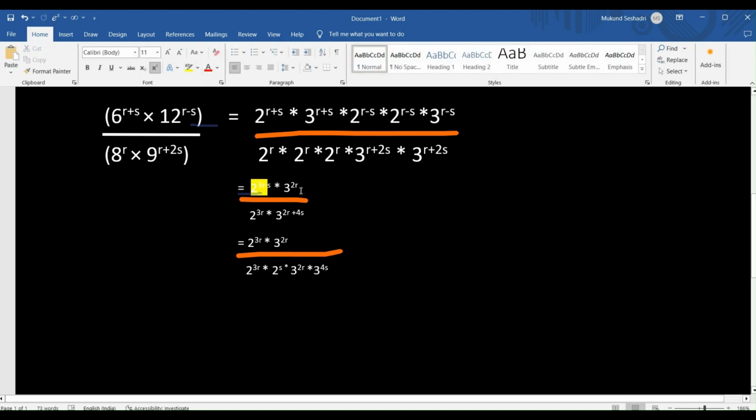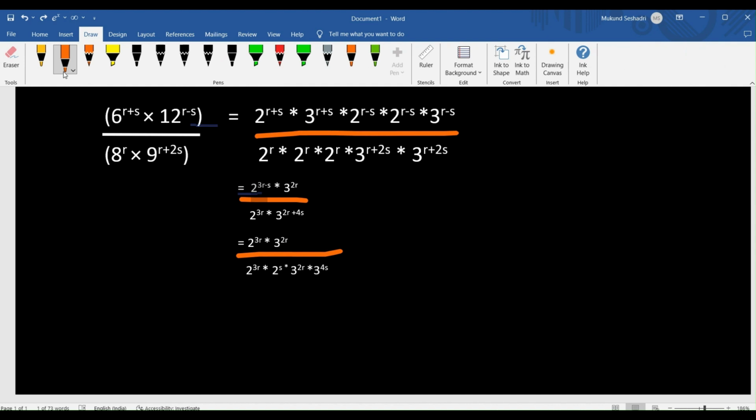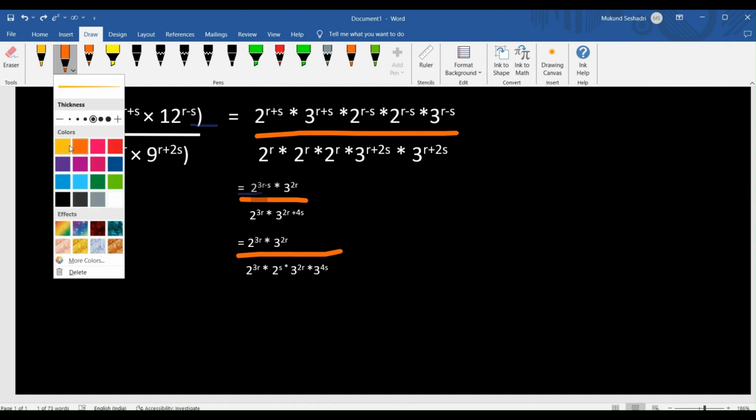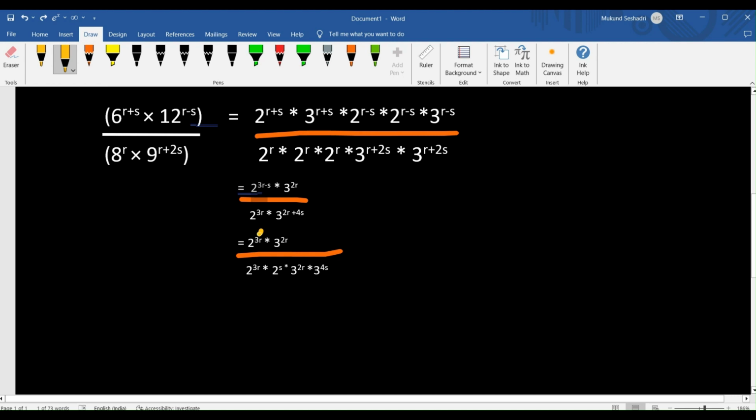Yeah, this expression is rewritten as 2 to the power 3r, which is retained in the numerator, and 2 to the power s comes out to the denominator, right? Now we have an opportunity to cancel out a few of the items, right? So I can cancel out 2 to the power 3r. I can cancel out this. I can cancel out my 3 to the power 2r as well, right?